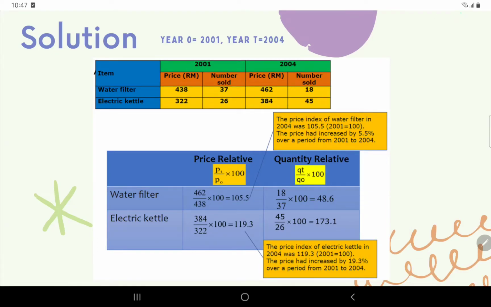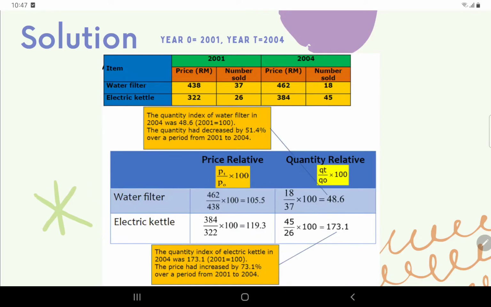Meanwhile, for the quantity relative index, here we got the answer 48.6. So if we minus 100, we will get negative 41.4. Negative means that it is a decrease.